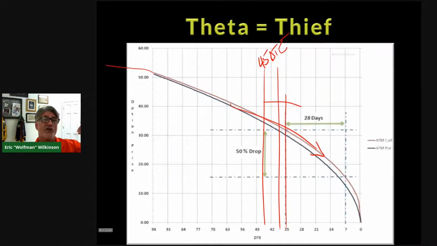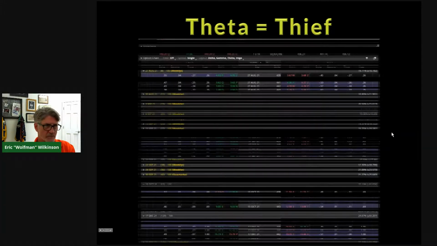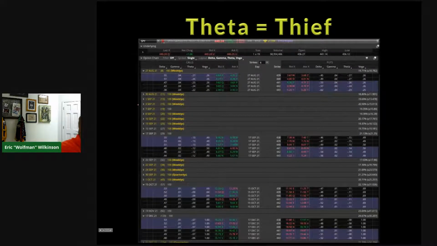Well, you want theta on your side too, because every single night theta comes out and picks your pocket. You can't stop theta. You can kind of offset it a little bit, but you can never, ever stop theta from eroding premiums, okay? It's always going to come in there and try and steal your premiums. And we can see this show up in the option montage. And SPY, I did this because it's a high dollar stock.